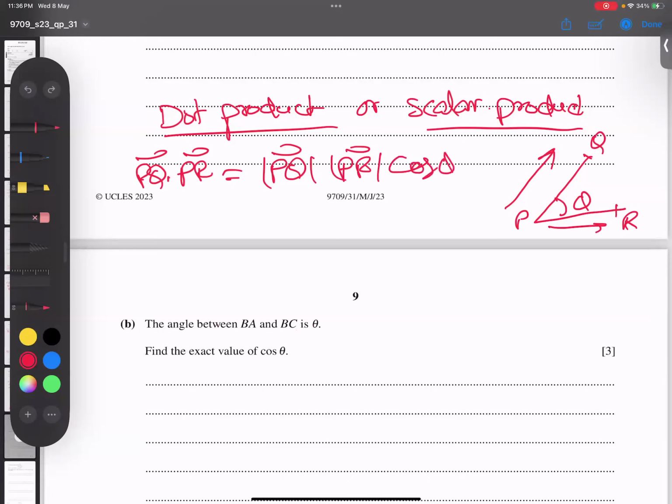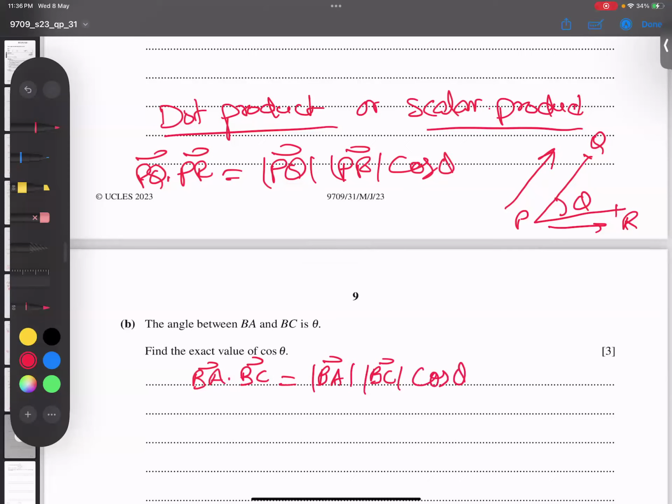Same story here. Because B is common, you can see P is common from both. So B common, BA dot BC equals BA magnitude times BC magnitude times cos of the angle between them.